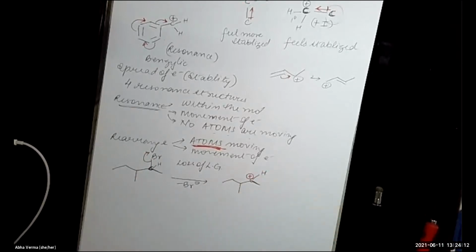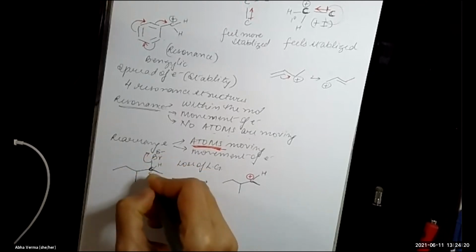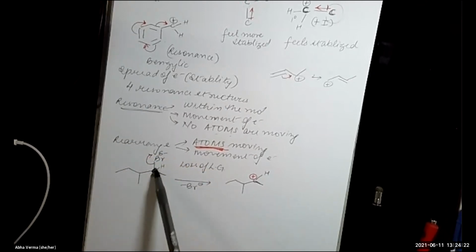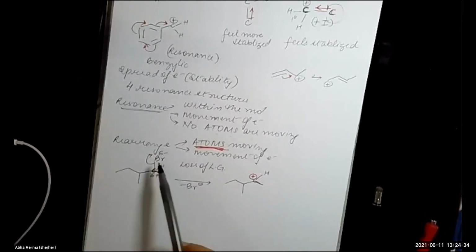Because first of all, it's lost the bromide, which carries the negative charge. Exactly. Thank you, Hyatt. In this polar bond, the carbon is the partially positive atom, and bromide, being the electronegative atom, will be the partially negative atom.